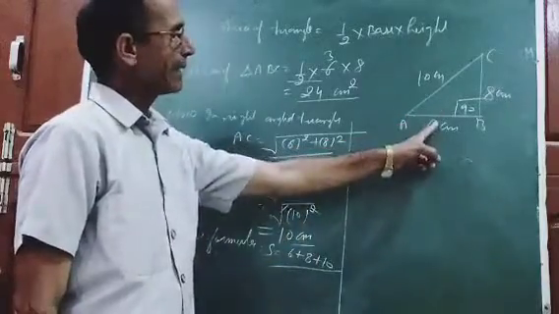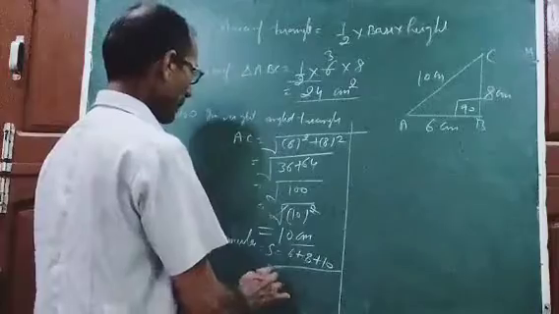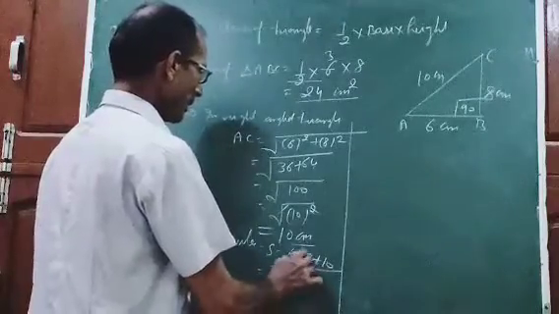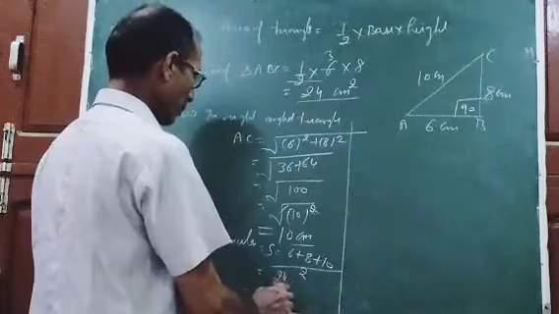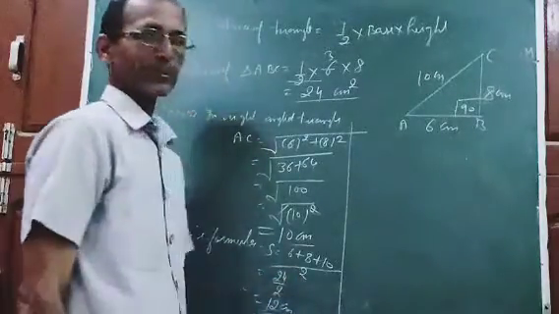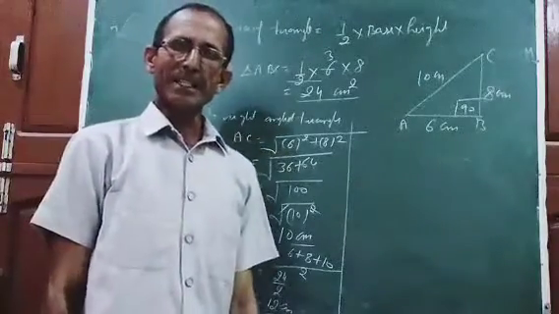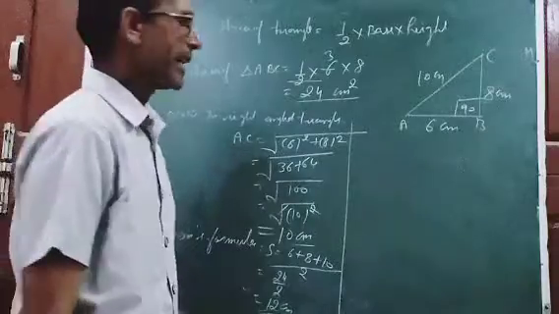Sides of the triangle are 6, 8 and 10 centimeter. So half of the sum, it means 8 and 6 is 14 plus 10 is 24 by 2. It means 12 centimeter. S is 12 centimeter.